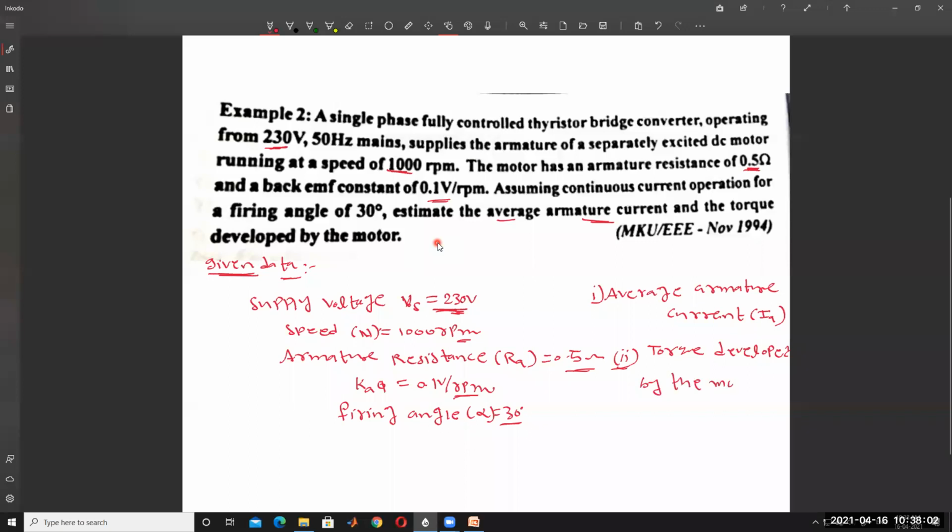These are the two questions: the average armature current and the torque developed by the motor.